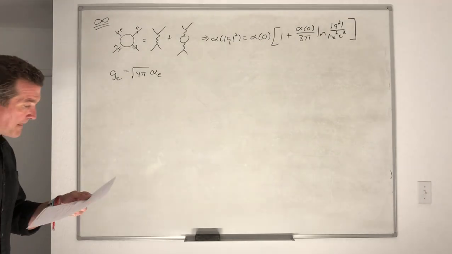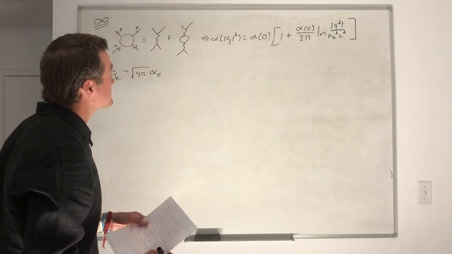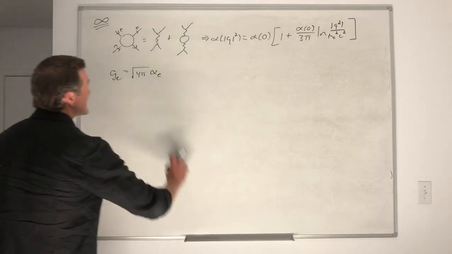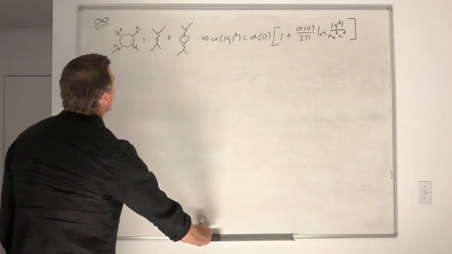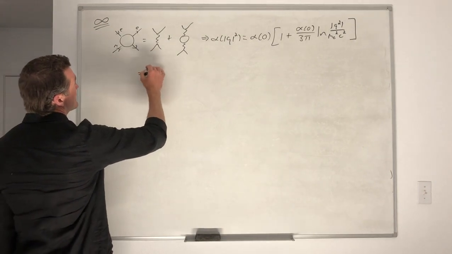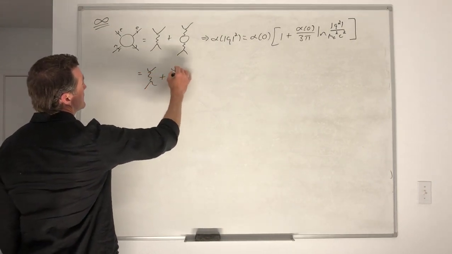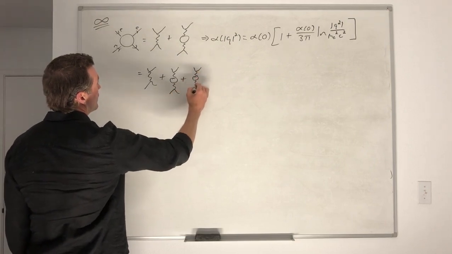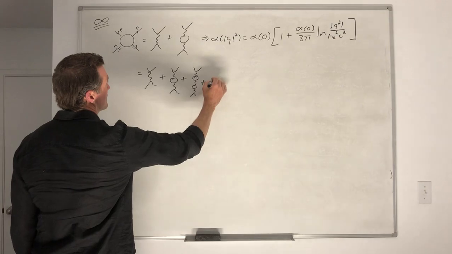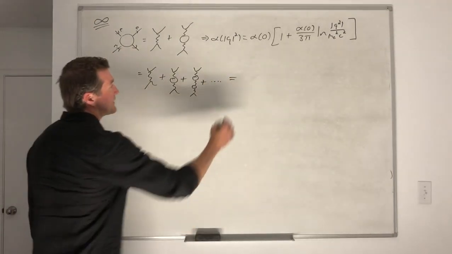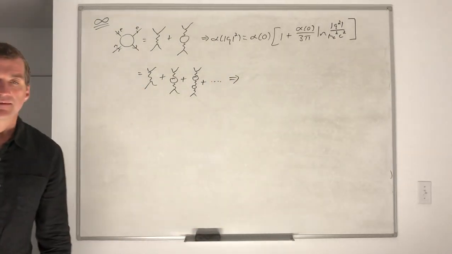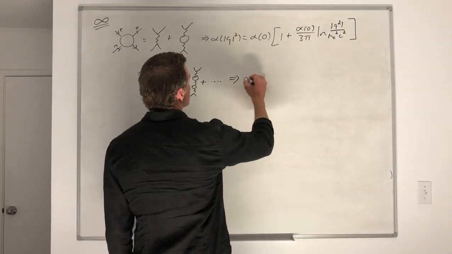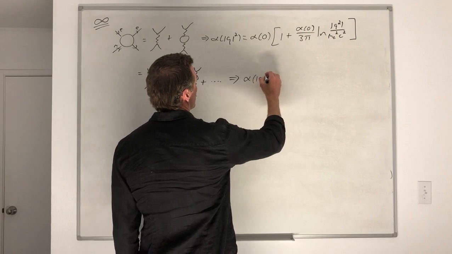Now, it turns out that if you would like to do this to all orders, then the result is actually analytic, okay? So the result actually ends up being of this form.